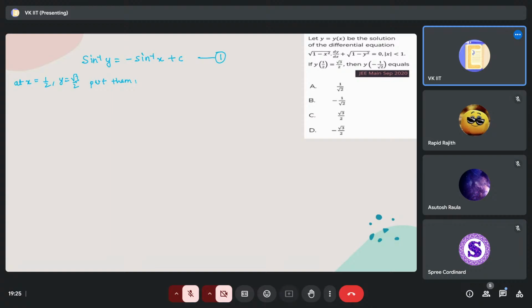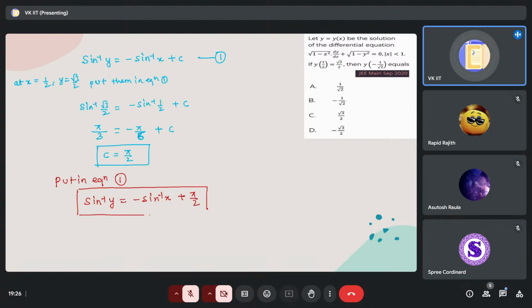Now again put the c value in equation 1. We will get sine inverse of y is equal to minus sine inverse of x plus pi by 2. This is the final equation we are getting, and we will call it equation 2. Now the question has moved one step ahead.